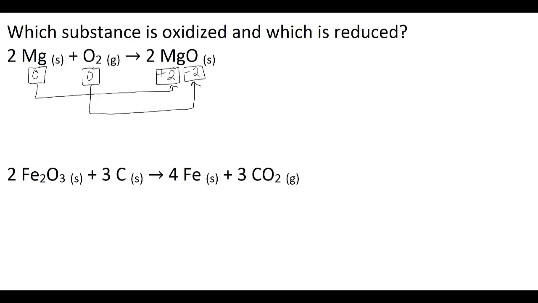So what's really happening is magnesium is losing 2 electrons because you're going to a more positive charge. And for oxygen, you're gaining 2 electrons because you're going from 0 to a more negative charge.